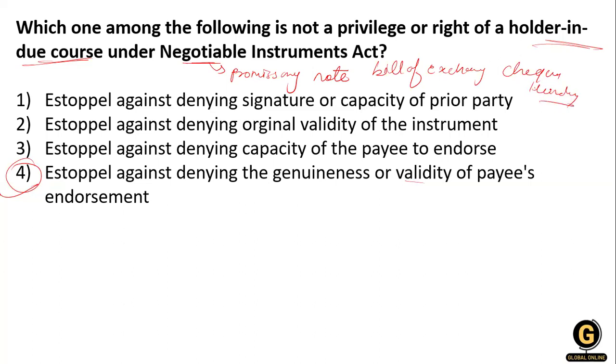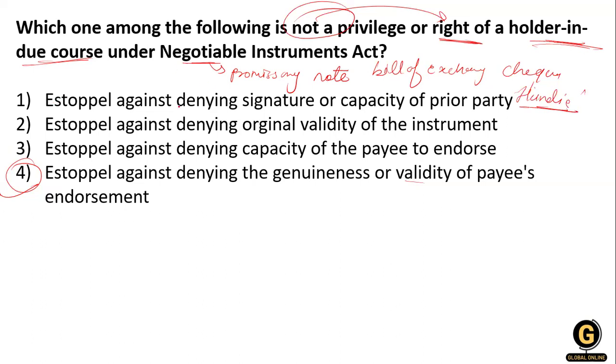So what is not a right of the holder in due course? Who becomes the possessor of the promissory note, bill of exchange, or a negotiable instrument is called a holder in due course. He holds the negotiable instrument in due course. So what is not a right?